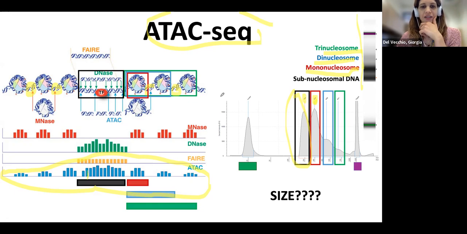More or less. Okay, yes. The average is 145, 150 base pairs. So why is it 298 here and not 150?